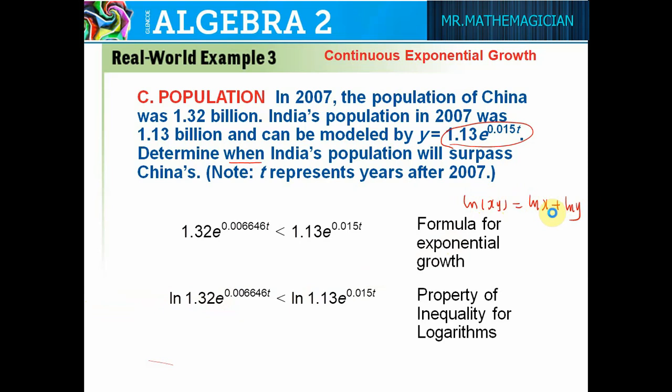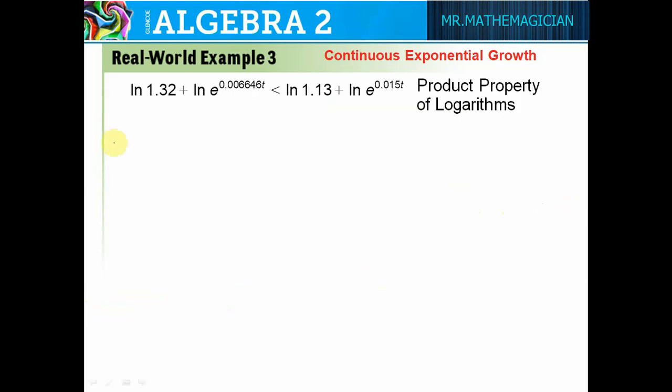So this will be ln 1.32 plus ln e to the power of 0.006646 t smaller than ln 1.13 plus ln e to the 0.015 t. ln will cancel the e, so it takes this shape.